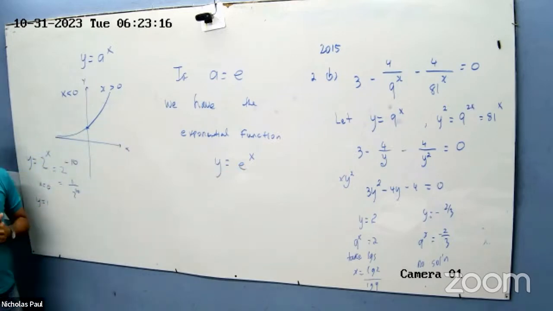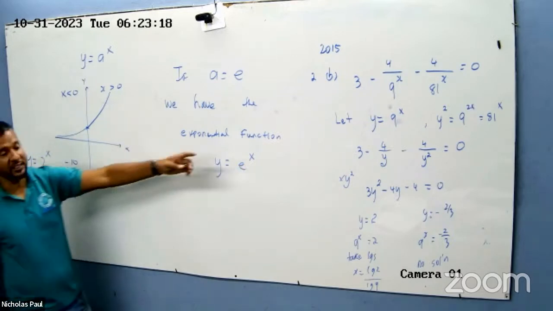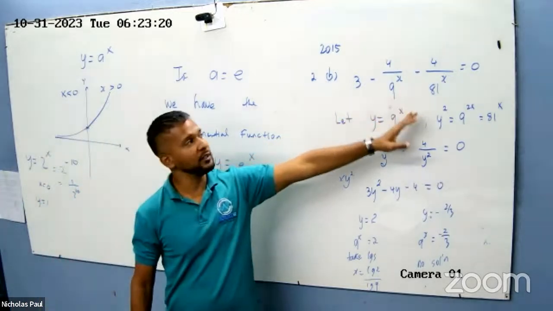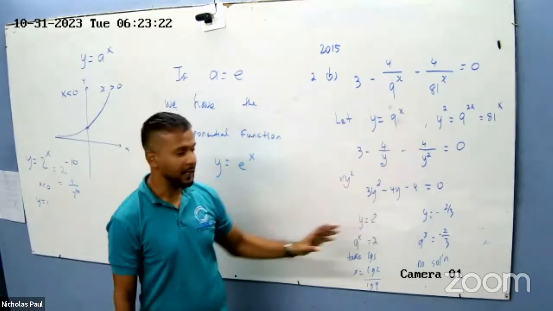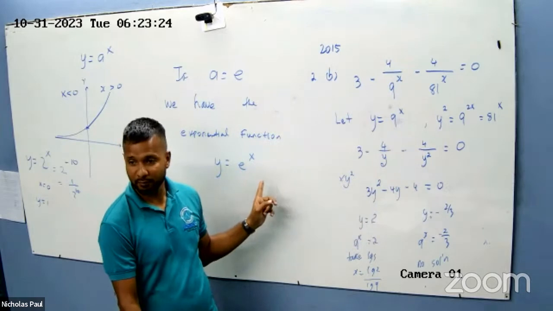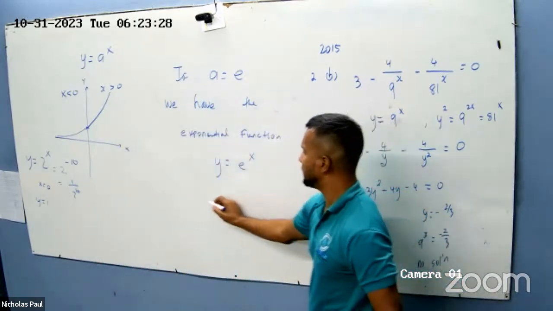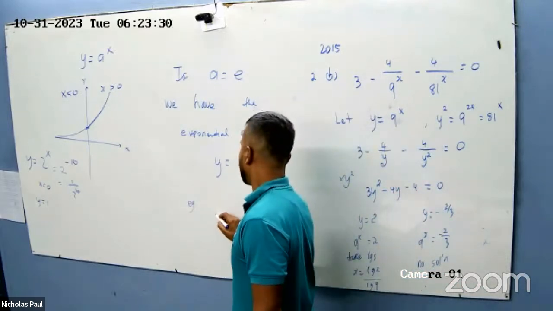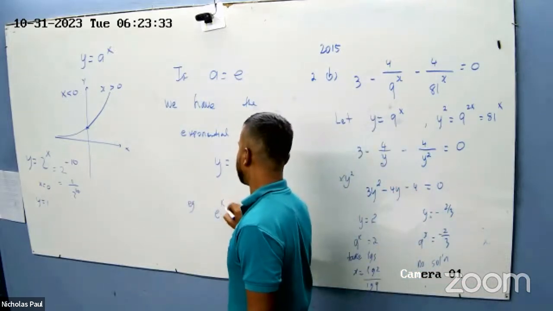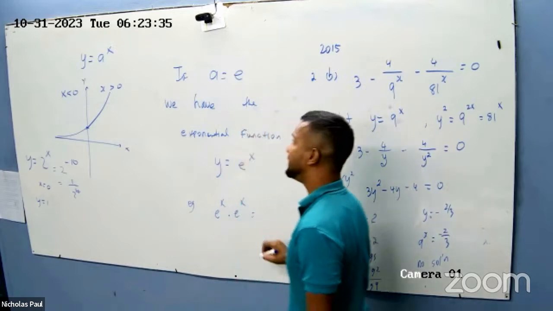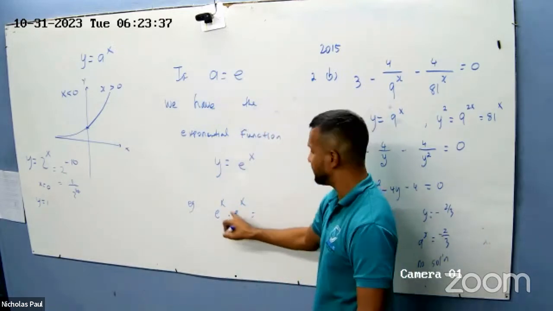And what you will recognize is the same way we solve functions with e, the same rules apply. For example, if I give you e to the x multiplied by e to the x, same base, add the powers.